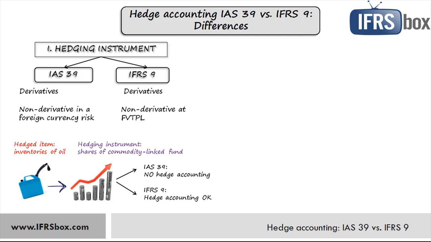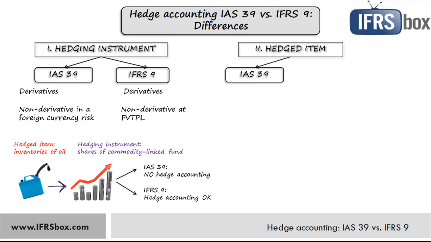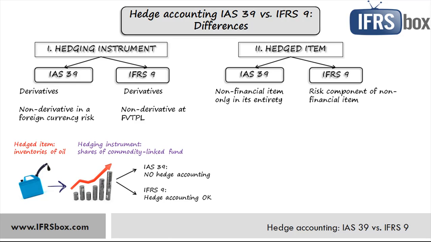Another change is that IFRS 9 allows more items to be hedged. Older IAS 39 allows hedging only a non-financial item in its entirety and not an isolated risk component of it. IFRS 9 allows hedging only a risk component of a non-financial item if that component is separately identifiable and measurable.